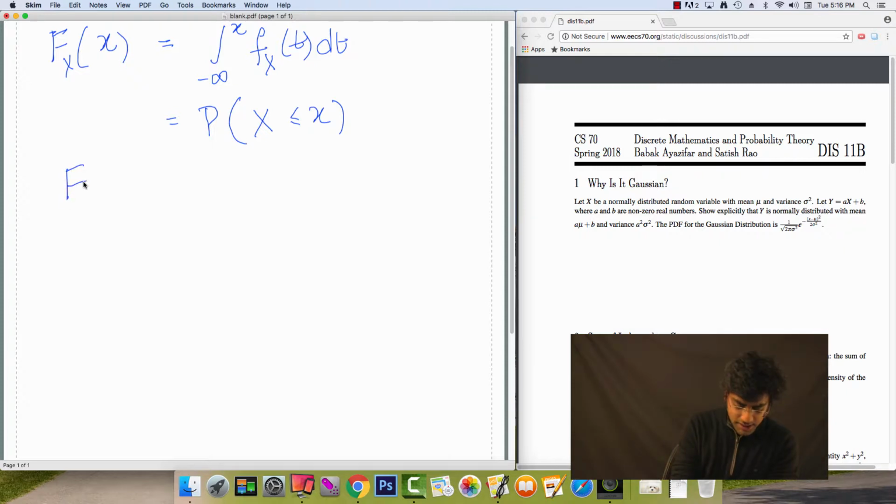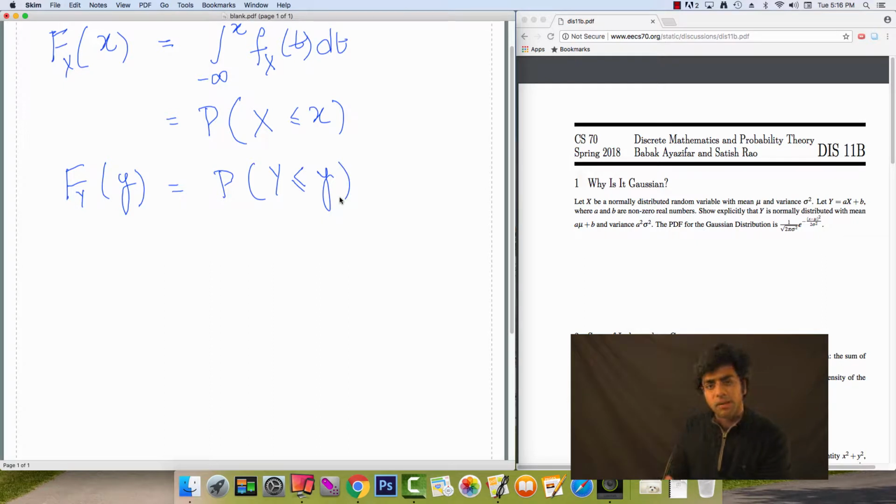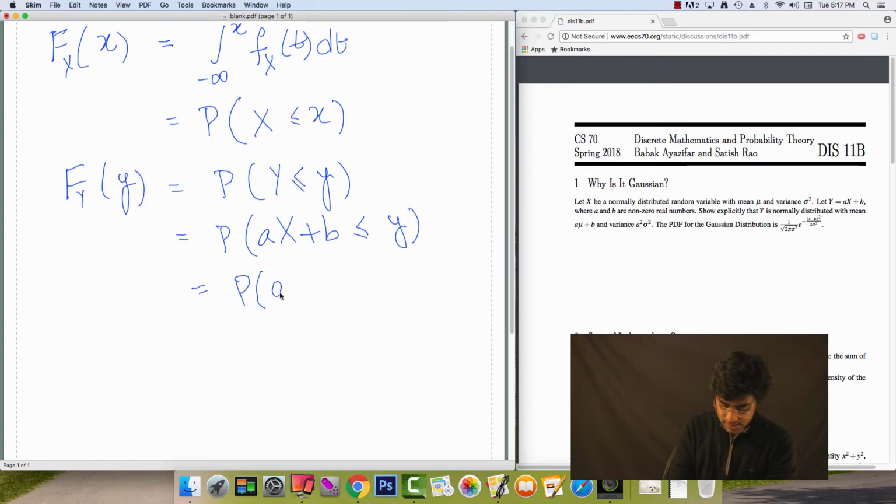So what I'll talk about is the CDF of Y, which is defined to be the probability that capital Y is less than or equal to some little y, right? Now this thing is the same as the probability that a times capital X plus b is less than or equal to some little y, which is the same as aX being less than or equal to y minus b.